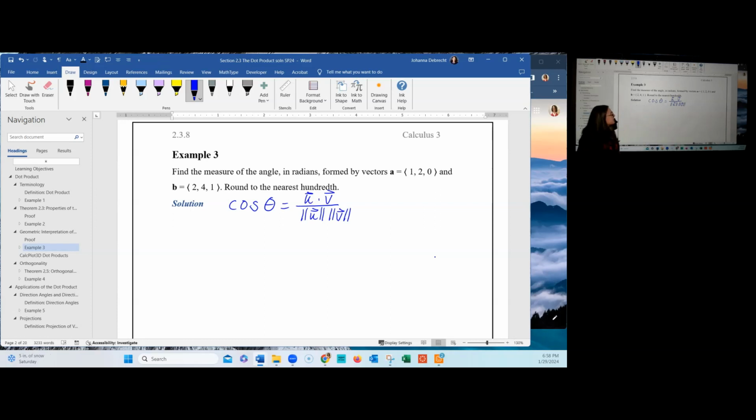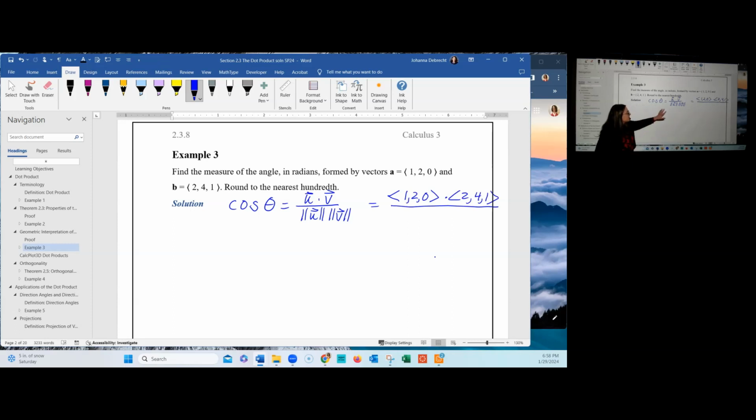In this case our vectors aren't u and v, they're a and b, but it's about the same thing. So we're going to dot together 1, 2, 0 with 2, 4, 1, and divide by the magnitude of each one.